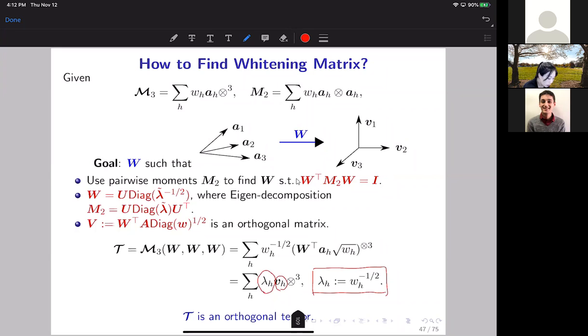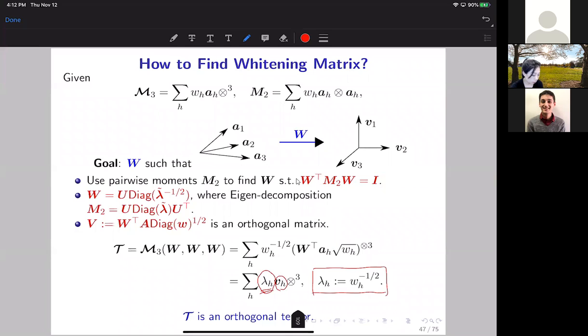Especially during whitening, people forget that this lambda h is not omega h, but it's omega h to the power of -1/2, right? The details actually matter a lot in terms of the final accuracy of the model estimation.